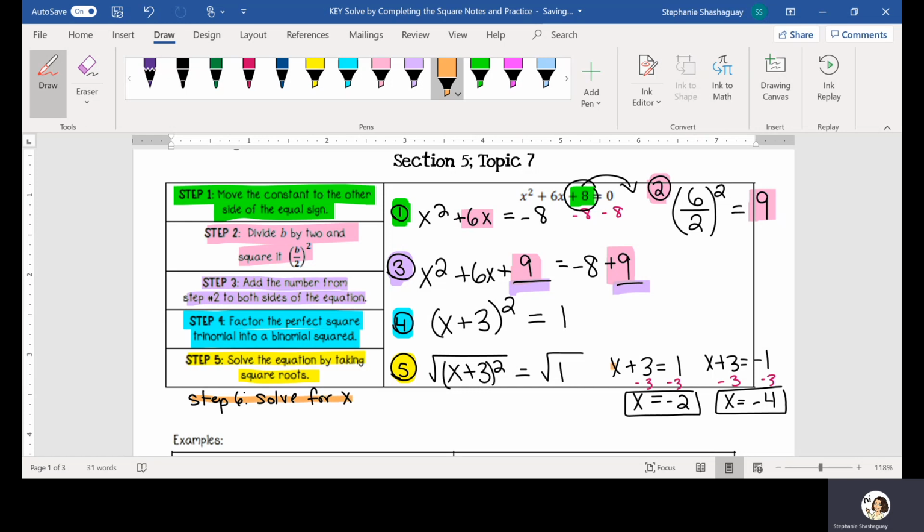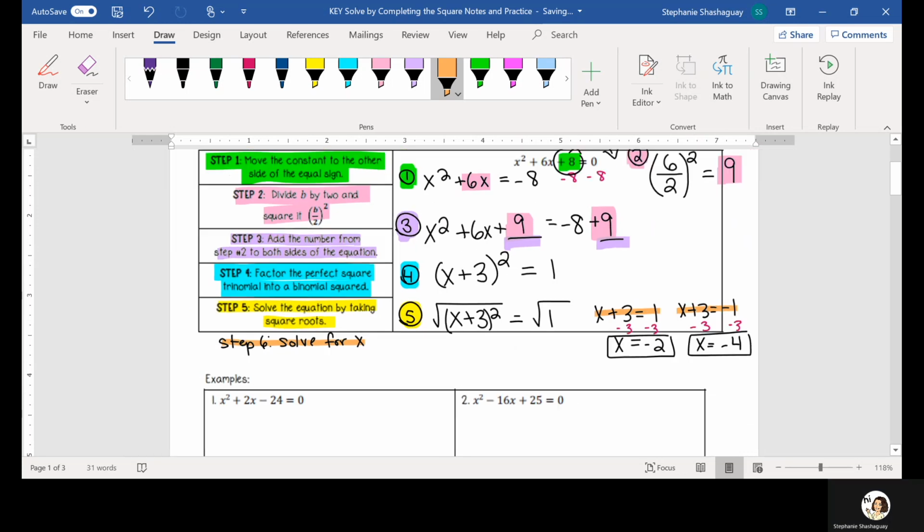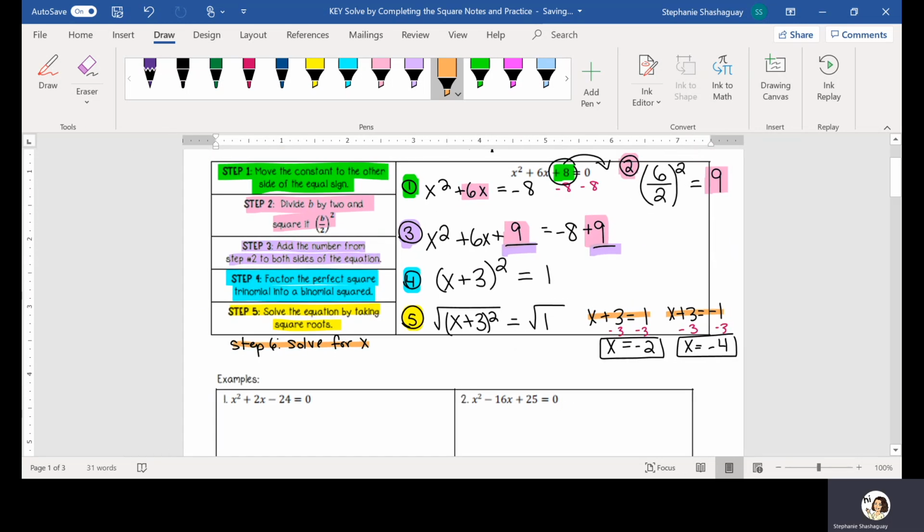And all we did here was take x plus 3 and set it equal to our positive 1, x plus 3 set equal to our negative 1. And then we found our solutions, x equals negative 2 and x equals negative 4. All right, so those are our steps that we're going to follow each and every time when we are completing the square.